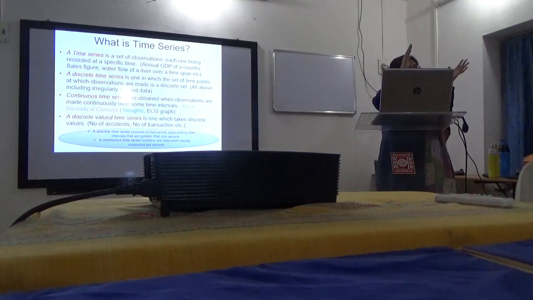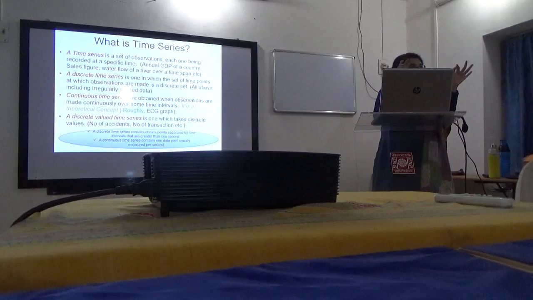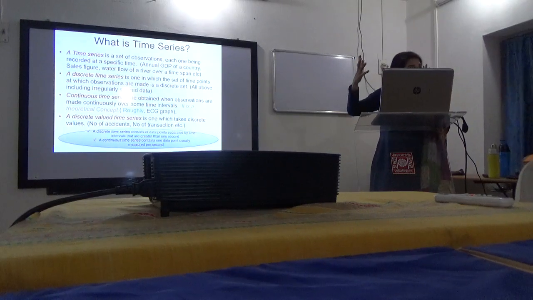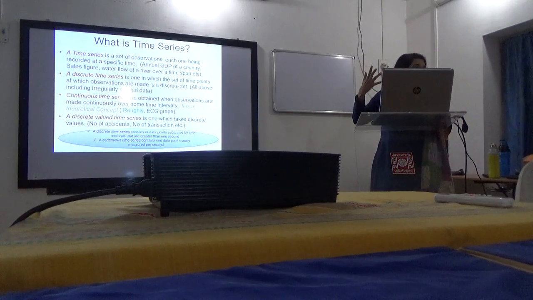But from the analytic aspect, your time frame will be uniformly distributed. Statistically, there is one distribution called uniform distribution or rectangular distribution. So your time frame will be of uniform distribution. Unless you get equally spaced time points, your uniformity, which is an underlying assumption, gets deflected, and you cannot have the probabilistic or mathematical perspective of time series analysis.